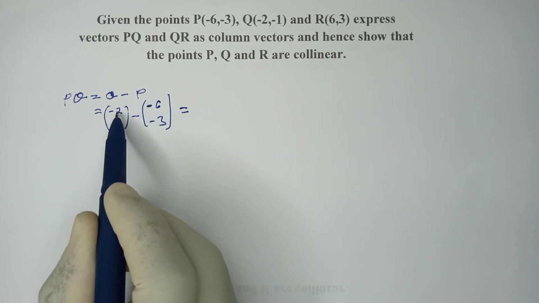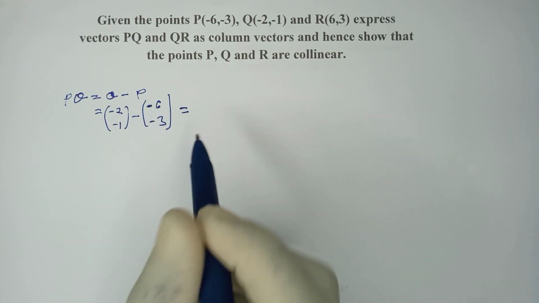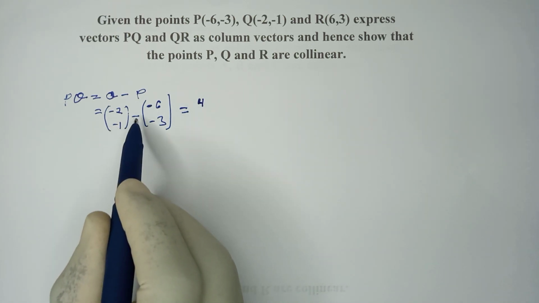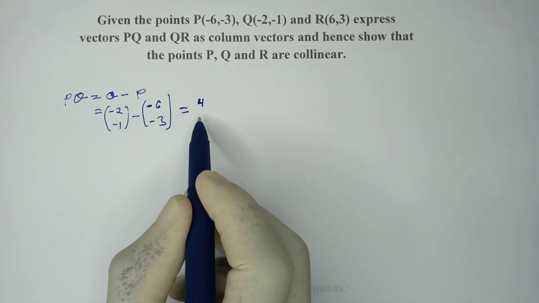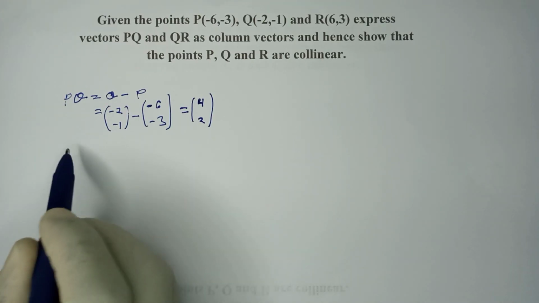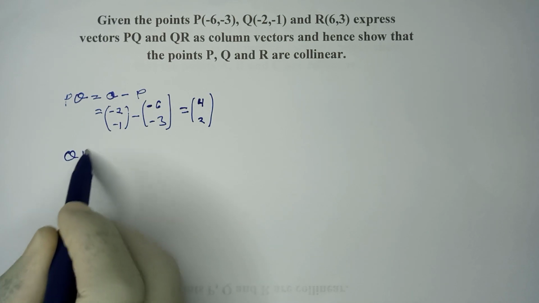Then -2 minus -6 gives you 4, and -1 minus -3 gives you 2. That is PQ.